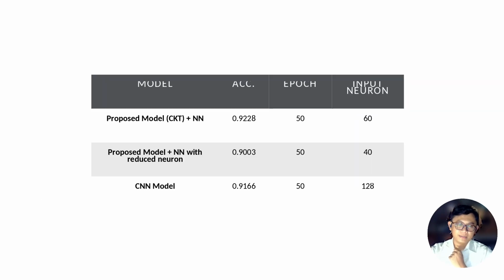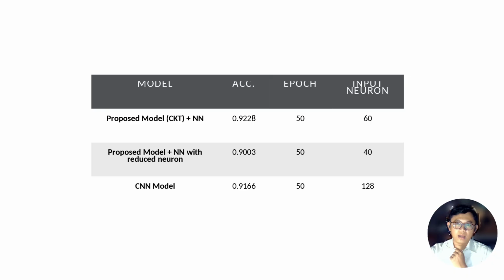So this is the accuracy and the comparison with the other models. Our proposed model, the GKT plus neural network, achieves around 0.92, or around 92% accuracy, using 50 epochs just like the others.